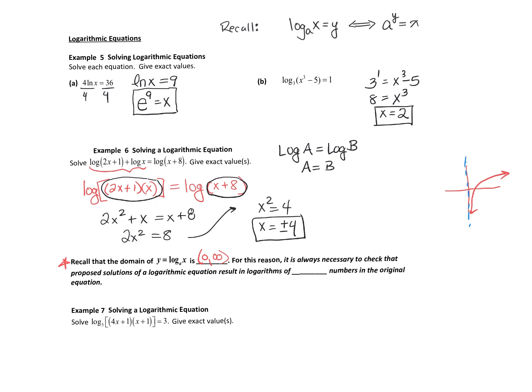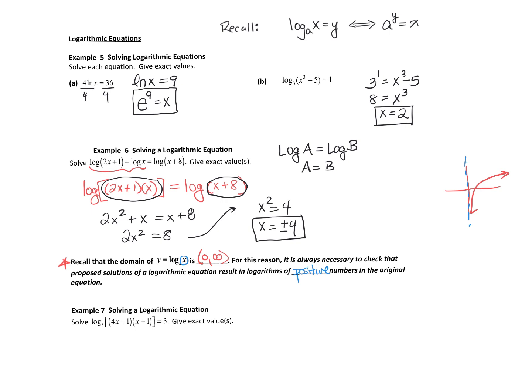But what we know is that the argument of a logarithm, this piece right here, has to be positive, and it cannot equal 0. So anytime we get a solution, it's always necessary to check that the proposed solution results in logarithms of positive numbers only.